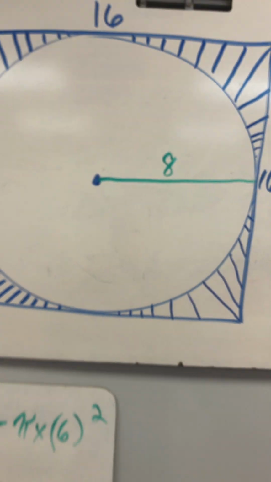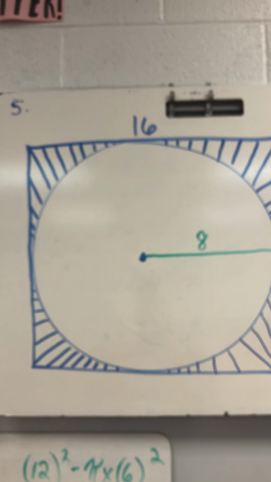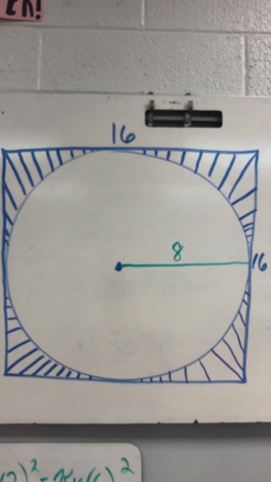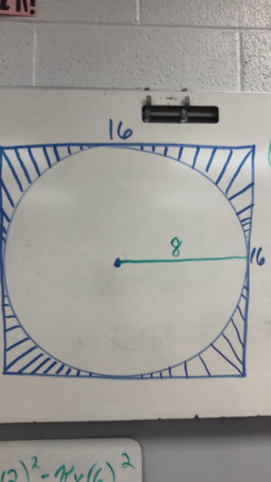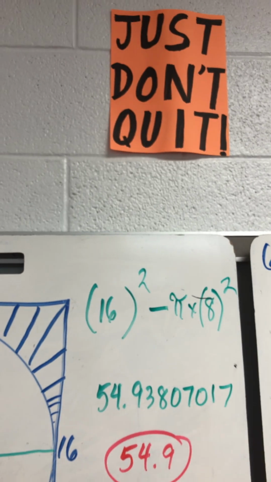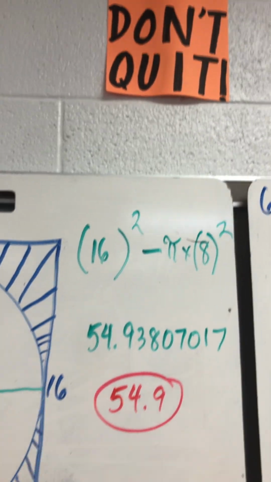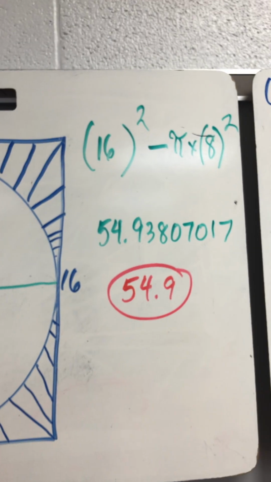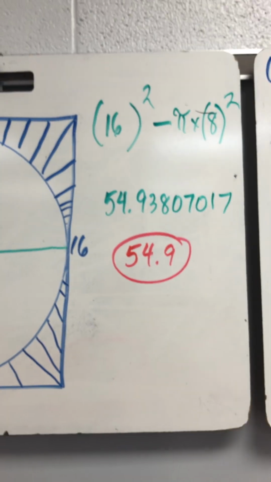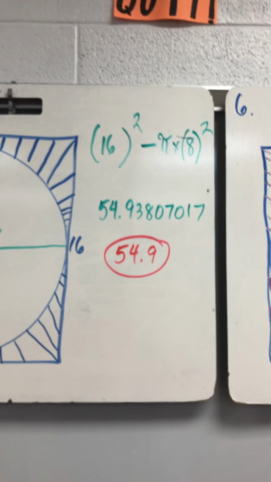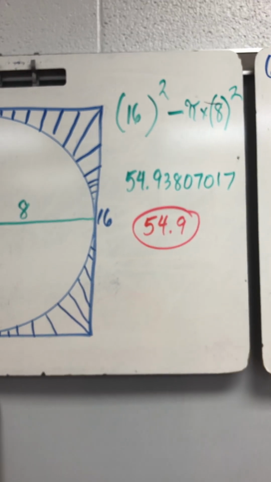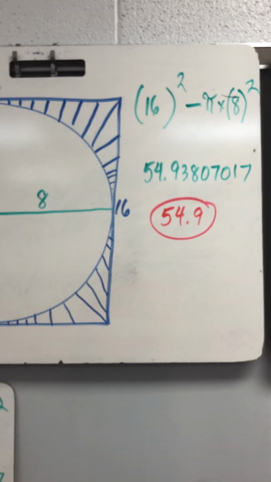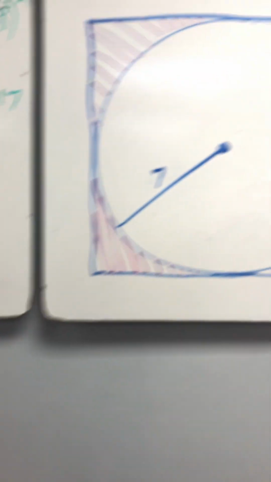So we're going to do 16 squared minus pi times 8 squared, and we get 54.9. Please try this on your Desmos calculator or your Delta Math calculator to make sure you understand how it works.